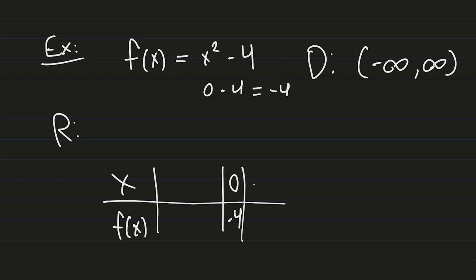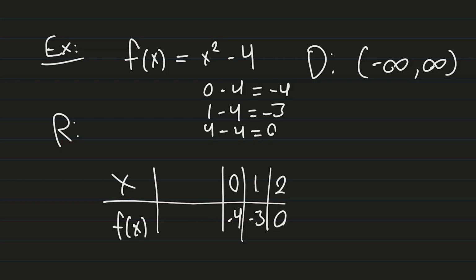Okay, now let's try going to the right. Let's plug in 1. You plug in 1, you get 1 squared, which is 1, minus 4, which equals negative 3. Okay, let's see what happens when we go one more to the right. If you plug in 2, we get 2 squared, which is 4, minus 4, which equals 0.